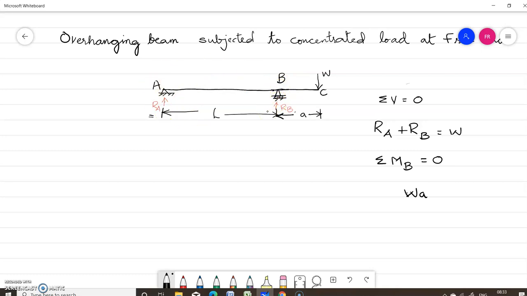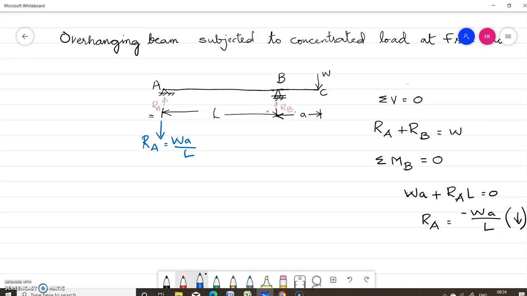So this is also plus Ra into L equal to 0, from which you will get Ra is equal to minus Wa by L. This minus sign shows that this Ra is acting downwards. What we have assumed here is wrong. This Ra is acting in the downward direction. Ra is equal to Wa by L.